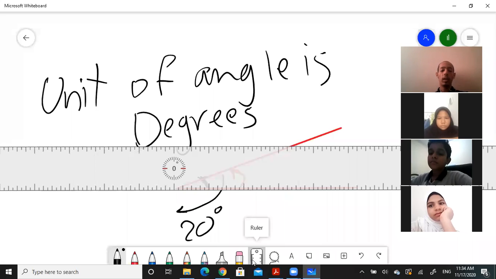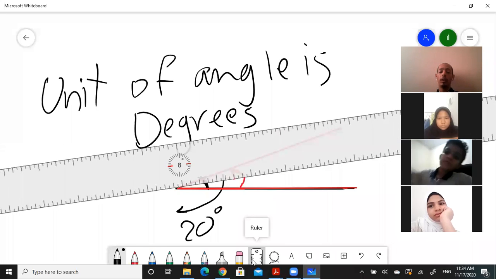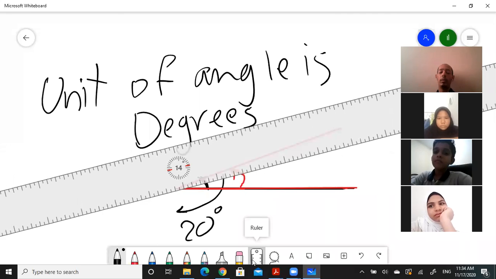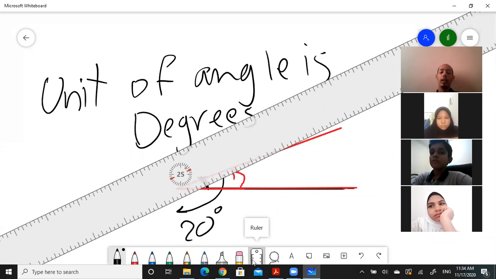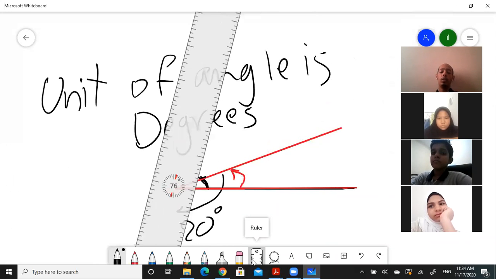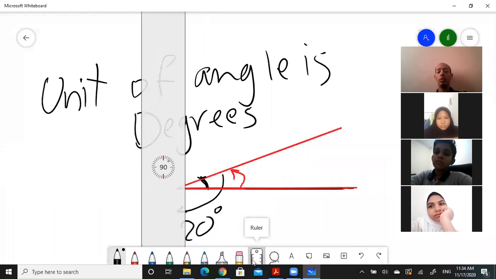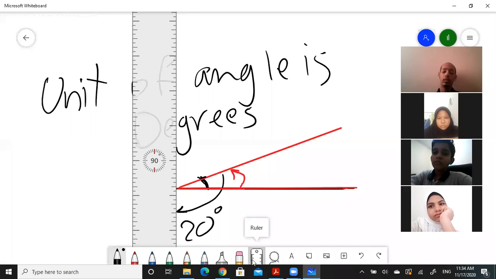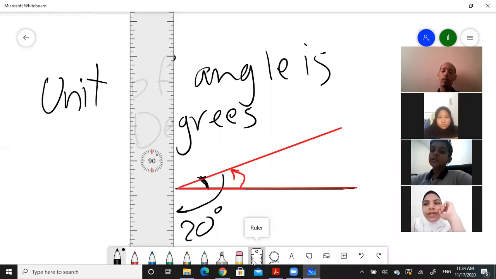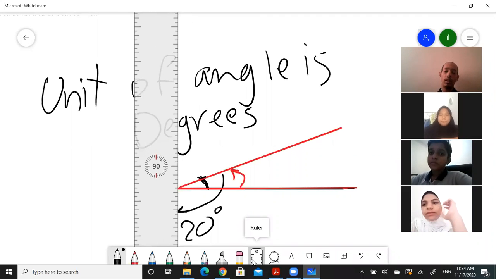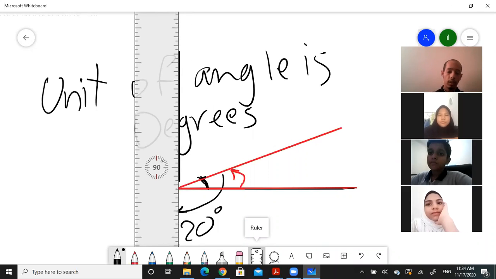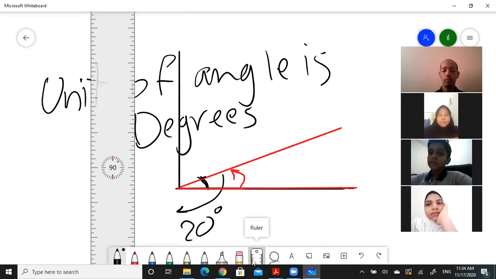But when I start turning it, the angle becomes bigger and bigger until I get, for example, 90 degrees. What is 90 degrees called? A right angle. The right angle is like the letter L, right?